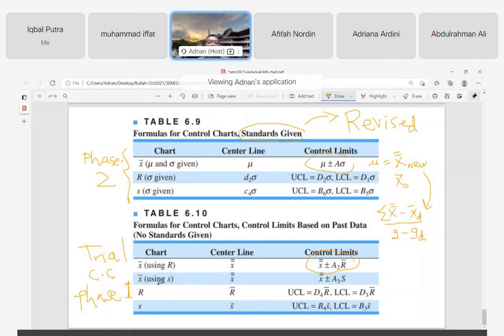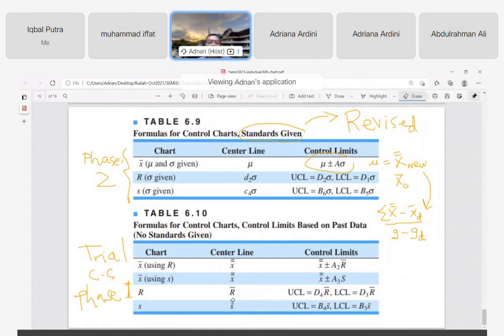The same also for the S chart, X bar and S. For the trial we use A3, but in this case, when the standard is given, we can use this one as well. For the trial one it is X double bar plus minus A3 S bar. So this is the trial X bar S chart, and this is the trial X bar R chart.